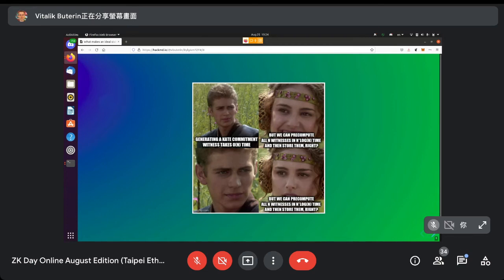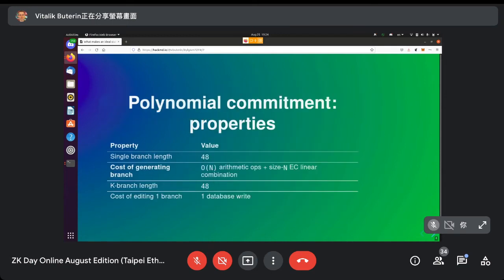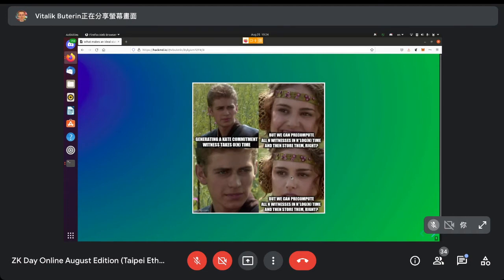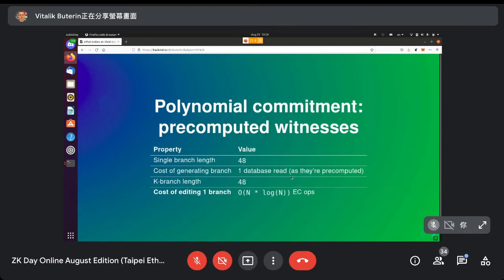Dankrad did an implementation. It's a really amazing and lovely piece of math, right? So you might wonder, well, you can pre-compute all the witnesses in O of n log n time, and then you don't actually have to generate the witnesses anymore because the witnesses are already there. Problem is that this does not work.